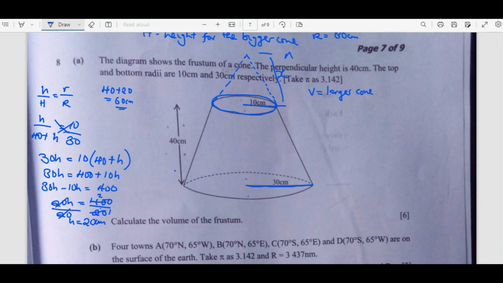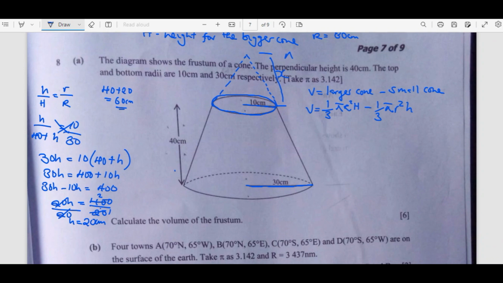The formula for volume is 1 over 3 pi r squared h. This is the volume for a bigger cone. So minus 1 over 3 pi r squared h.